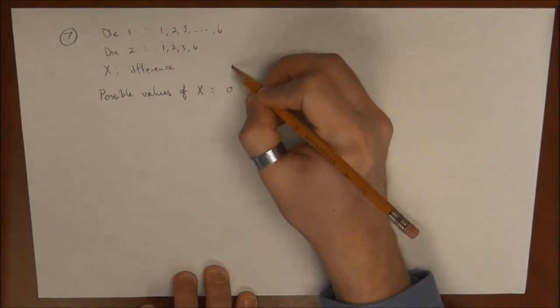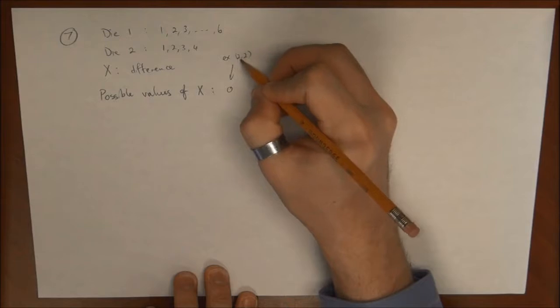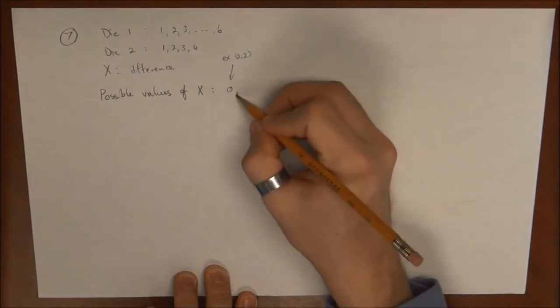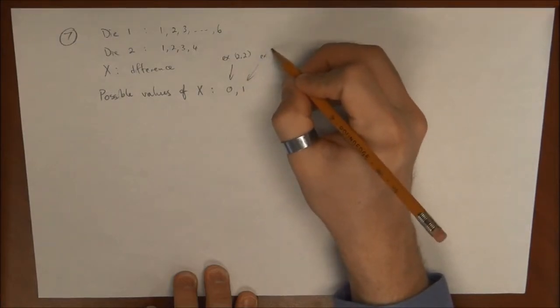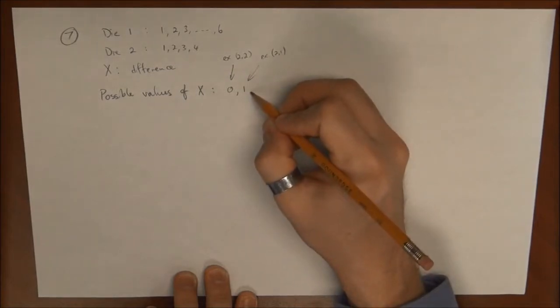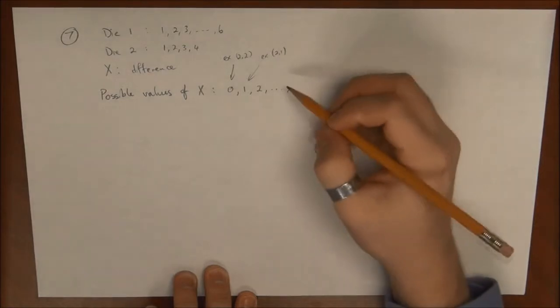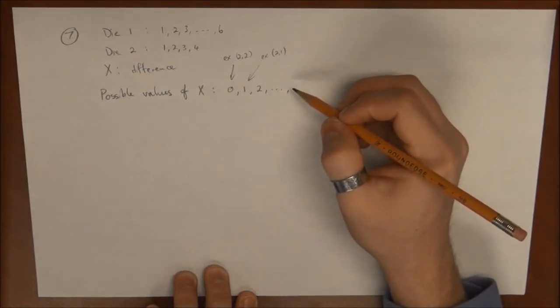For example, if I have two 2's, then the two numbers will be the same, the difference will be 0. Can I get a 1? Yes. For example, when I have a 2 and a 1, the difference is 1. I can get a 2, and so on. What is the largest difference that I can get?